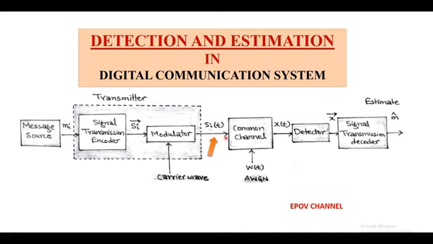During transmission, additive white Gaussian noise denoted by W(t) is added to the information, called the received signal X(t). This received signal is again converted into the observation vector denoted by capital X vector, which is further decoded and we get the estimated symbol represented by M cap.